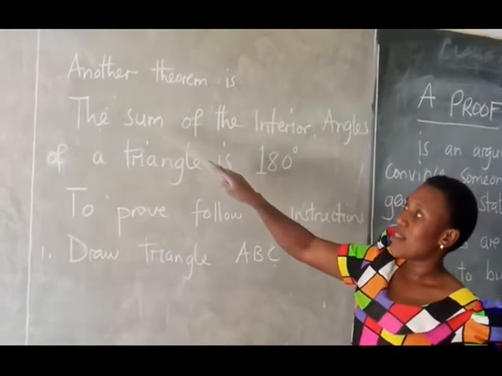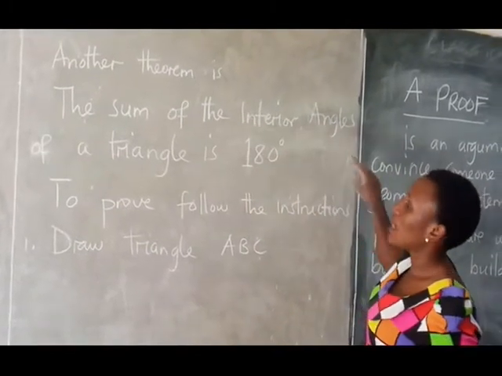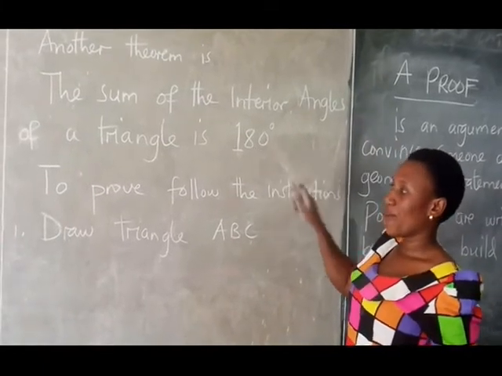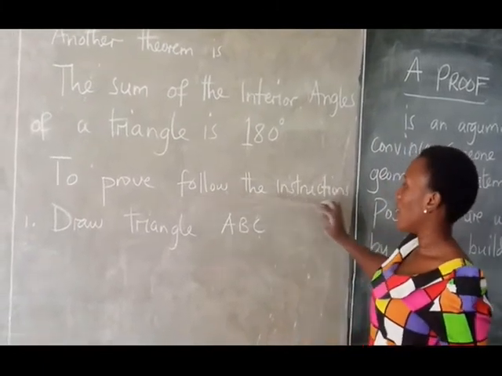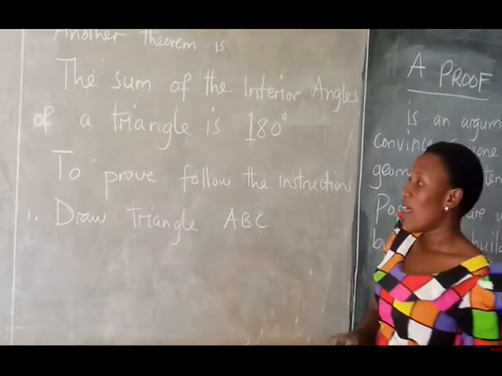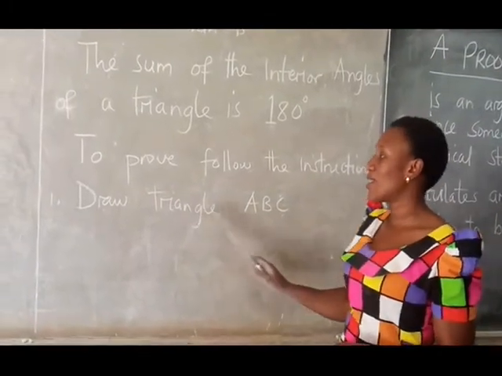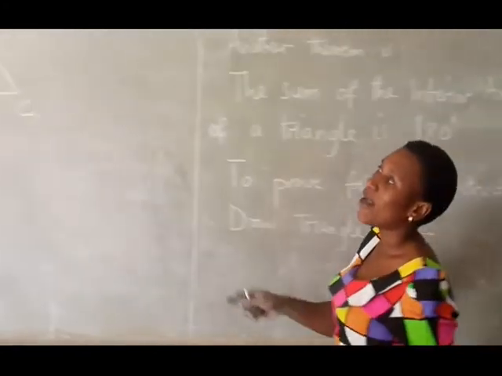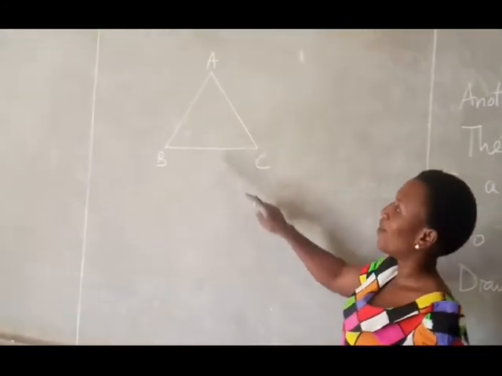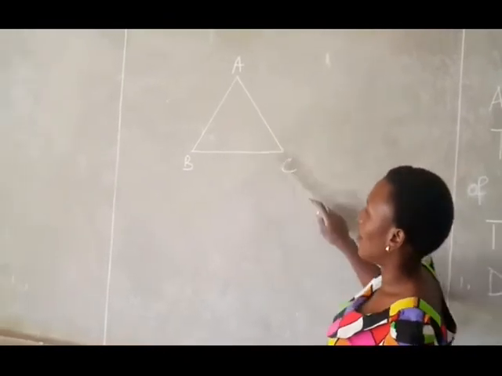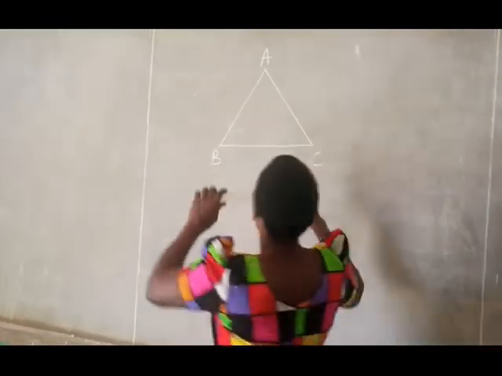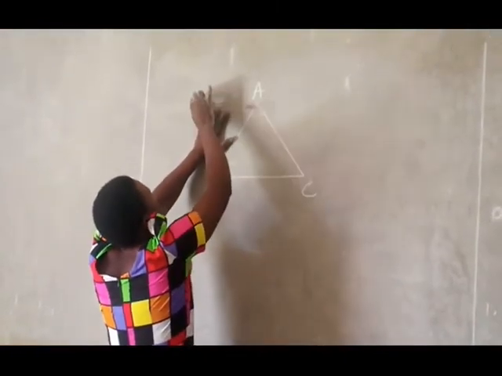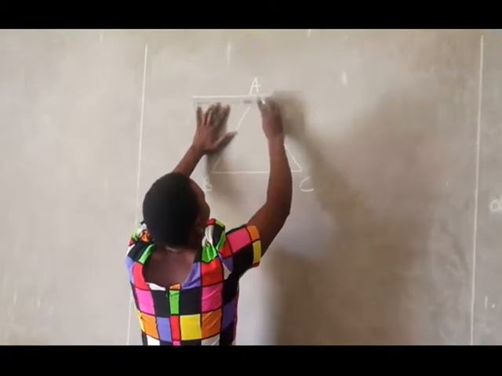To prove it, we follow these instructions. First, we draw a triangle ABC. Here, triangle ABC has already been drawn. Then we draw another line parallel to line BC, which we call line XY.